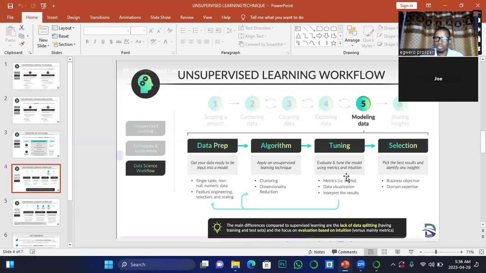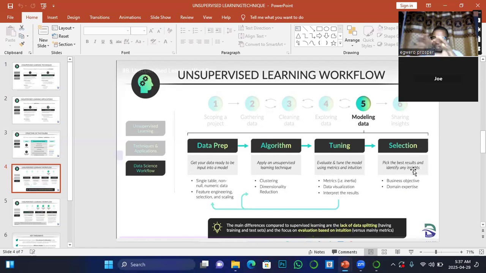Tuning: we are going to improve, evaluate, and tune the model using metrics and what? Intuitions. So here we are going to employ what we call what? Metrics, inertia. All these are practical. We are going to visualize our data. We are going to interpret our results at the end of the day. Then selection: pick the best results and identify any insights.